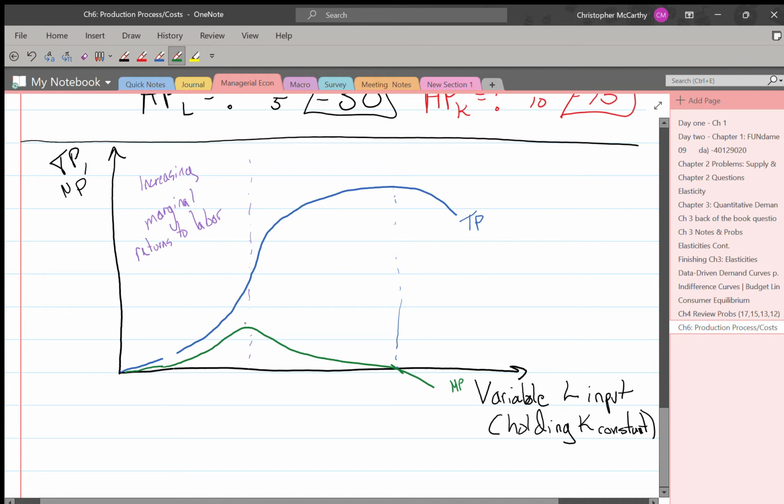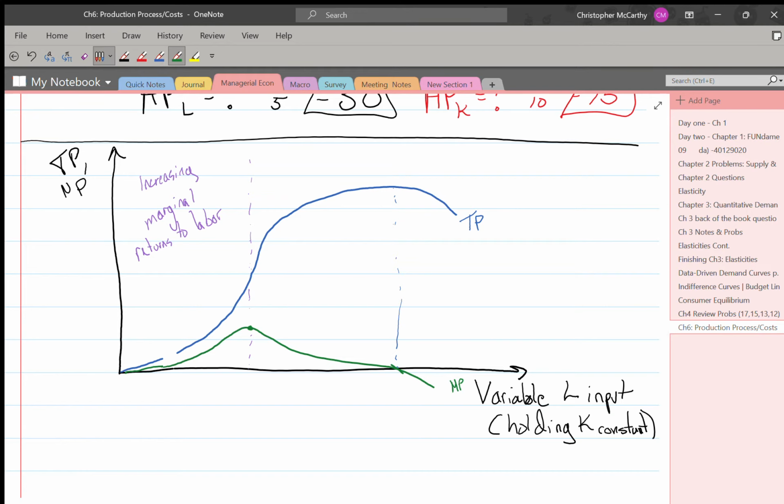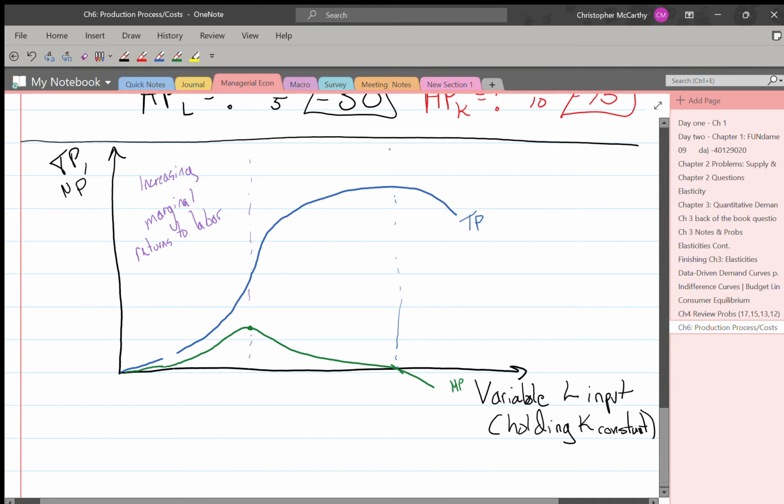So this should be the peak of the marginal revenue. And so it makes sense that it's increasing marginal returns to labor during this period, right? It's going to be decreasing marginal returns to labor when the marginal returns are still positive.